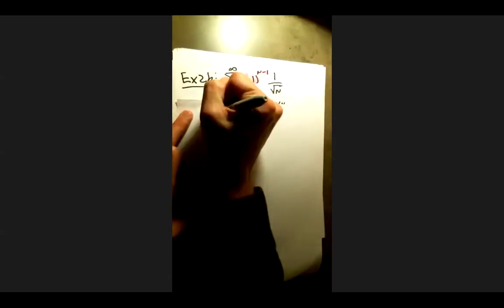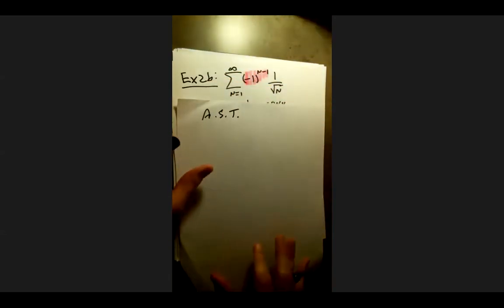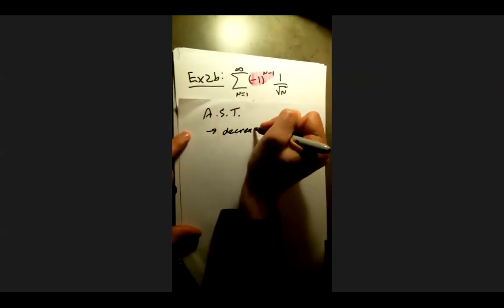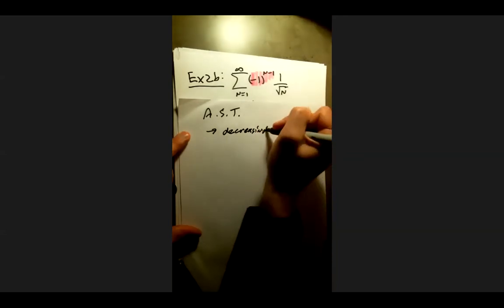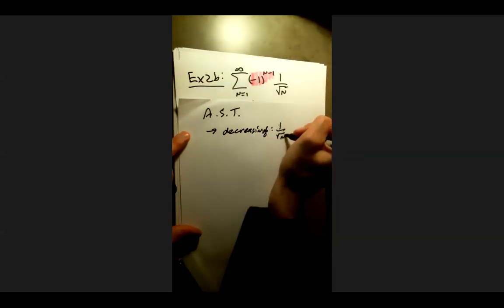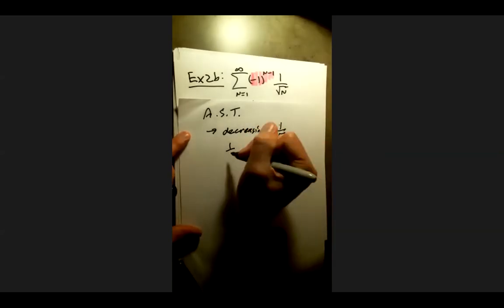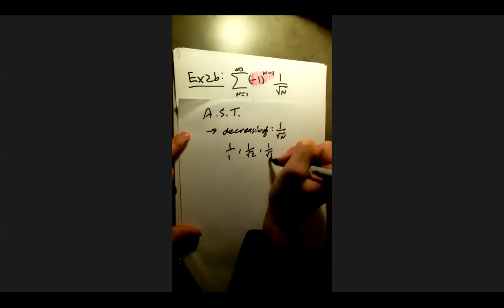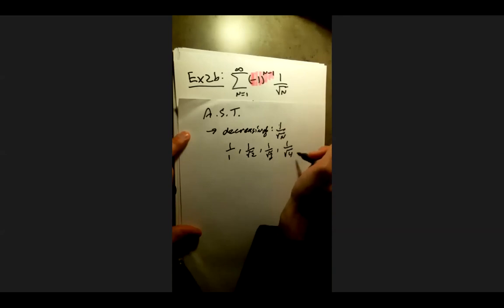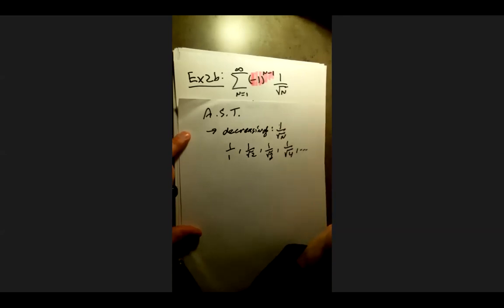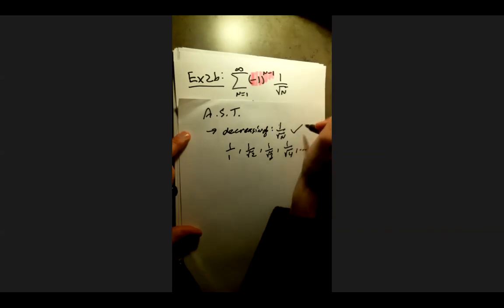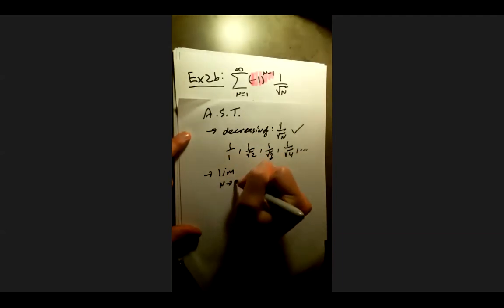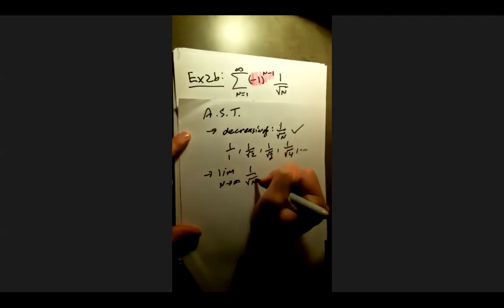If we try the alternating series test, we need to know, are the terms decreasing? I want to know if 1 over root n is decreasing. So this would be 1 over 1, 1 over root 2, 1 over root 3, 1 over root 4. Are these decreasing? Yes. And then we've got to look at the limit as n goes to infinity of the terms, 1 over root n.